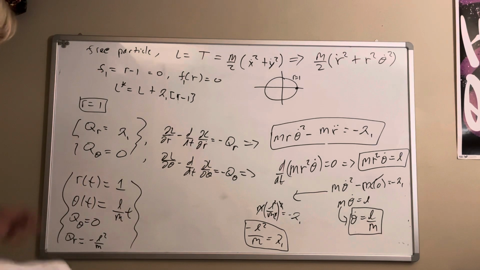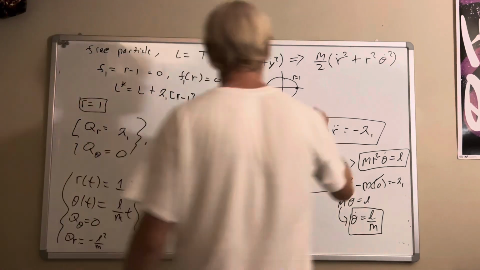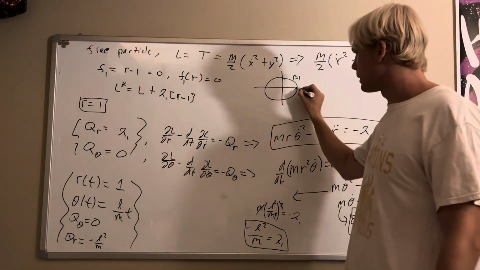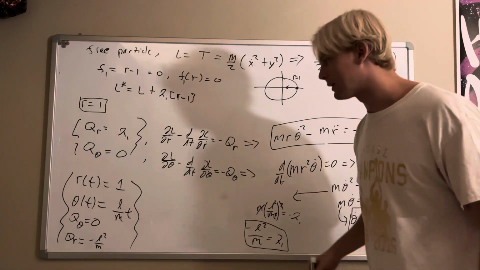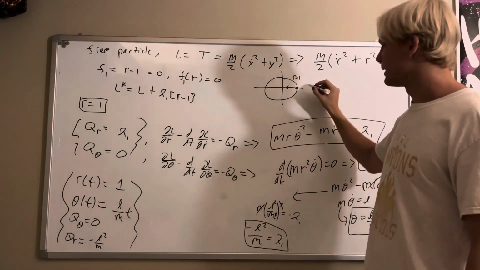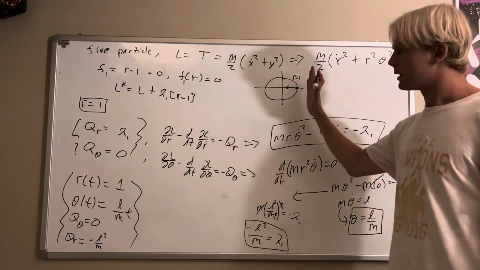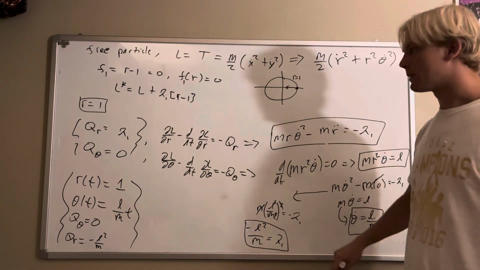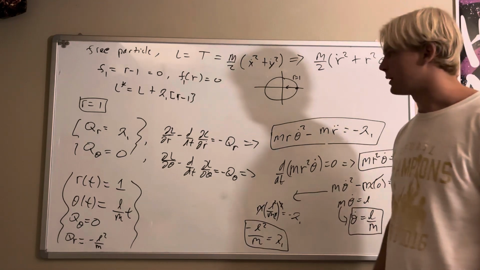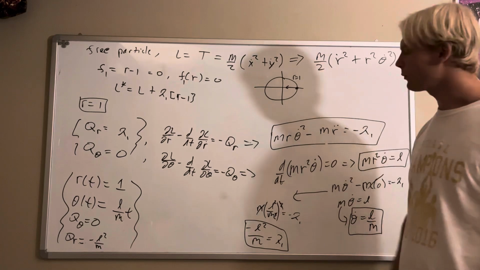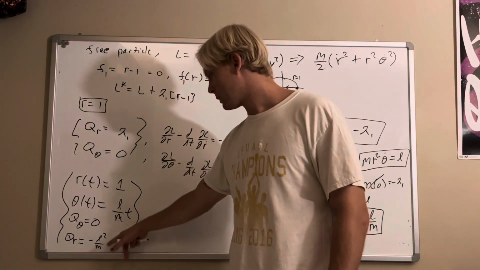It makes sense: when a particle is constrained to move on a circle, the only thing acting on it is a force in the negative R direction. That's so cool. The R direction is, you know how it works, and then theta is perpendicular, and it doesn't make sense to have any force in the theta direction. What's cool is, I think it's angular momentum over m squared.